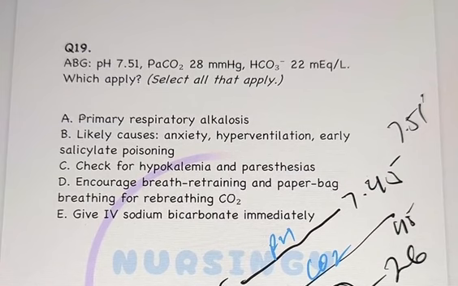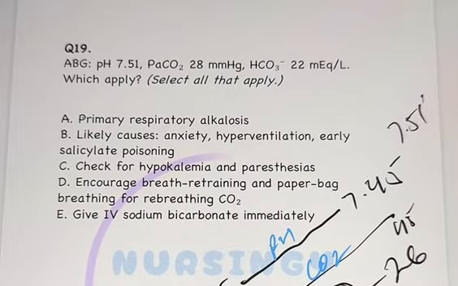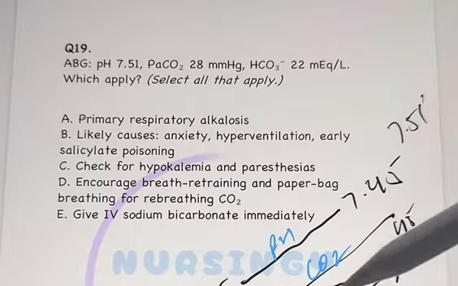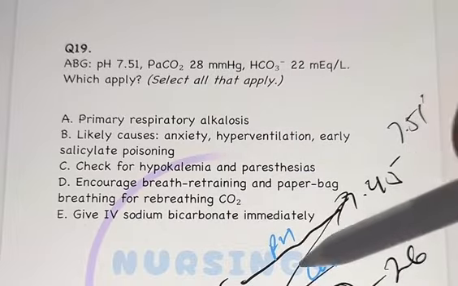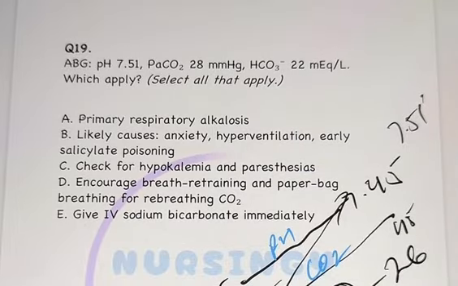What are we having? Respiratory alkalosis. Is it compensating? It is not compensatory, because bicarbonate is in the normal range, so it's not metabolic. Respiratory and pH move in opposite directions, so that's why we have that.